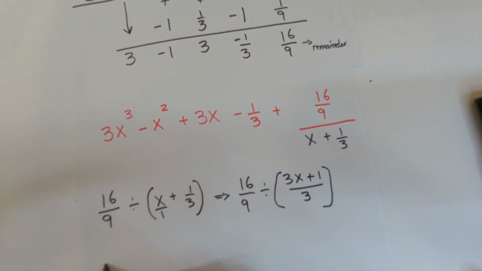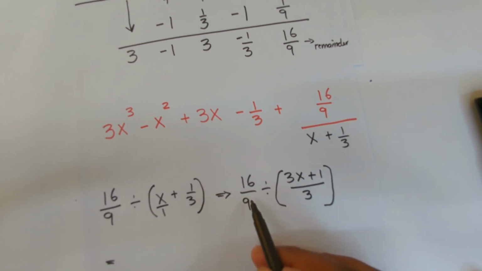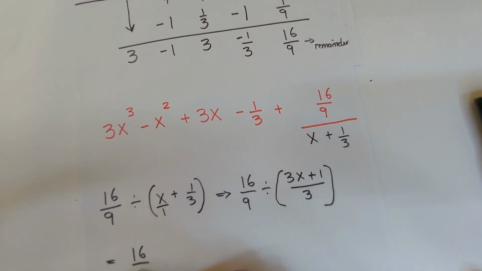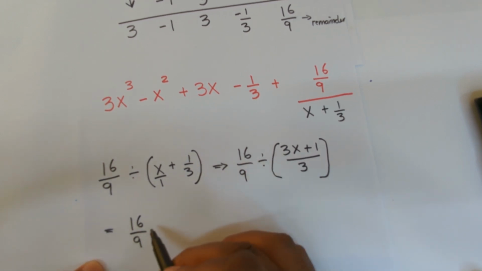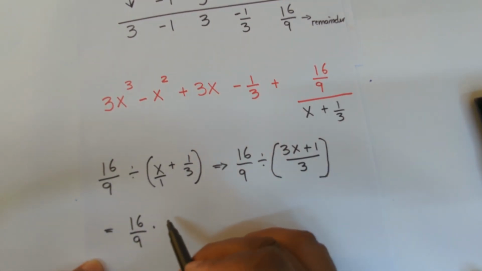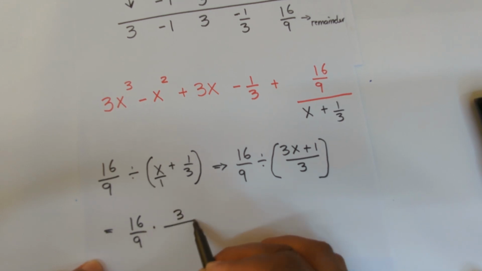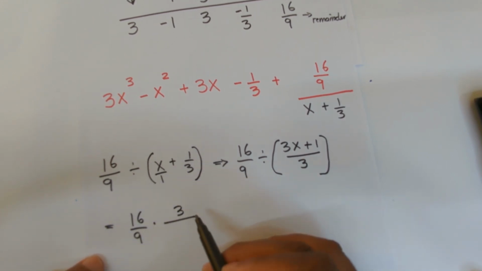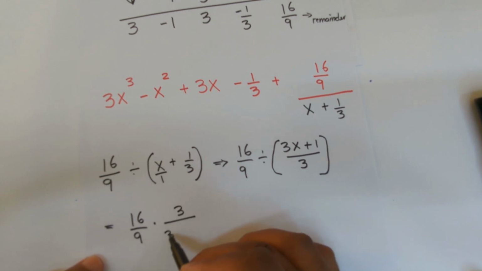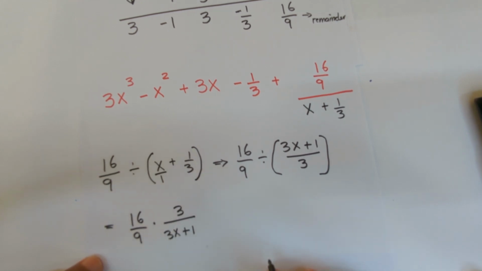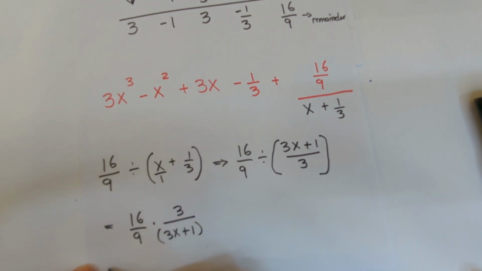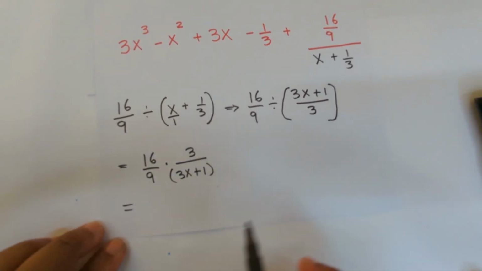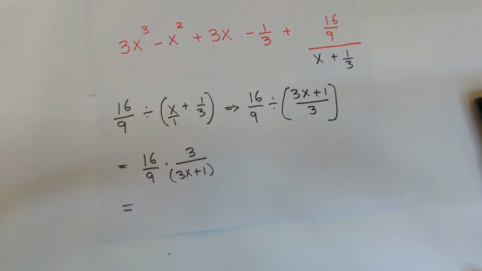And since we're dividing fractions, we are going to change the division sign into a multiplication sign and flip the second fraction. So now it becomes 16 multiplied by 3 over 3x plus 1, which can simplify to, so let's divide here.